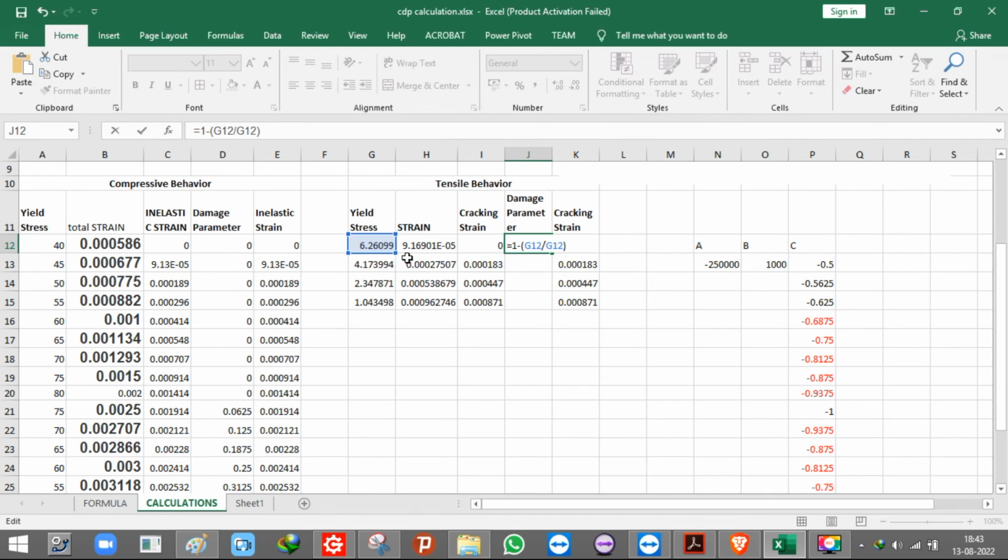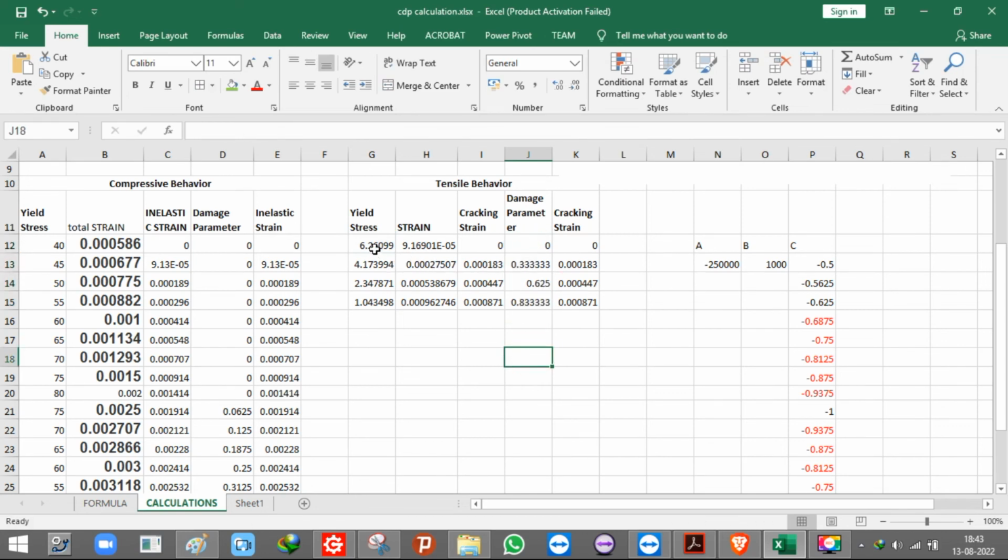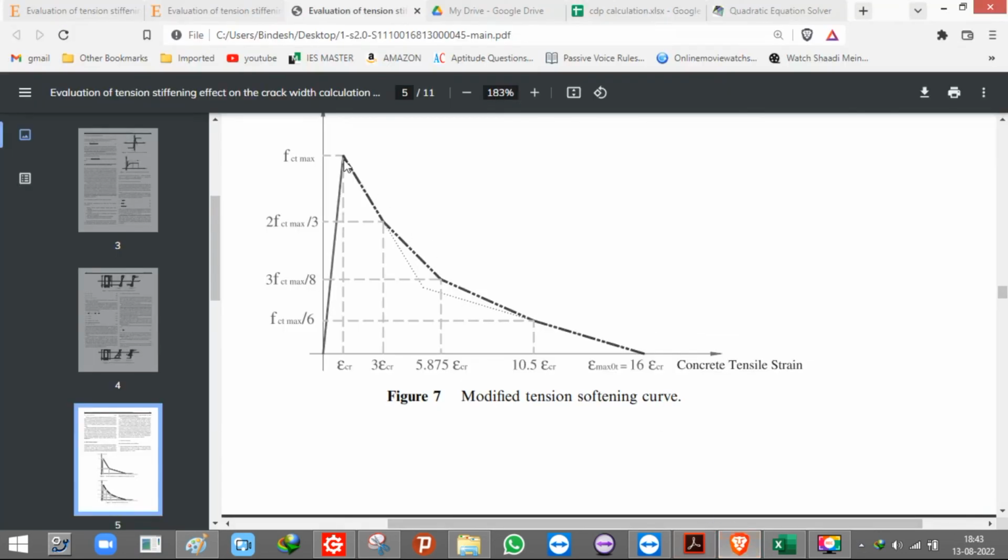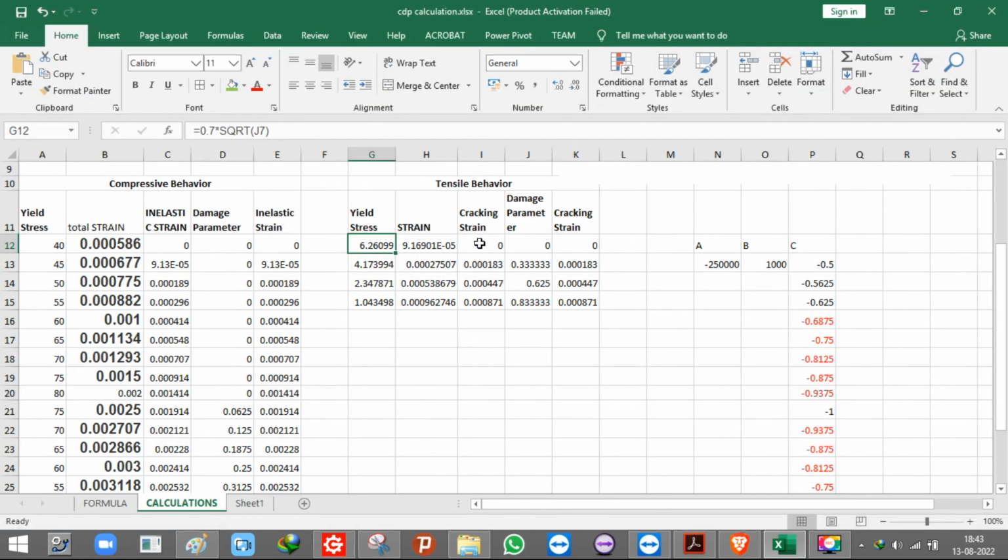So this will be constant, and this will automatically be 0. If you see this graph, until the peak point is reached, the damage will be 0. At the peak the damage is 0, then the damage starts. So this is how you calculate.